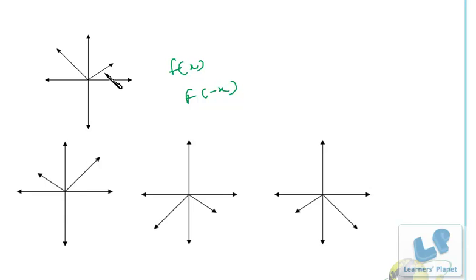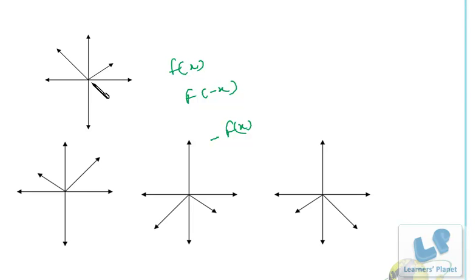Okay, so this is f(x). So for this f(x), this is f of minus x. Okay, this is f(x), this is f of minus x. The inversion is happening along the y-axis. Now friends, I just wish to convey one more thing over here.